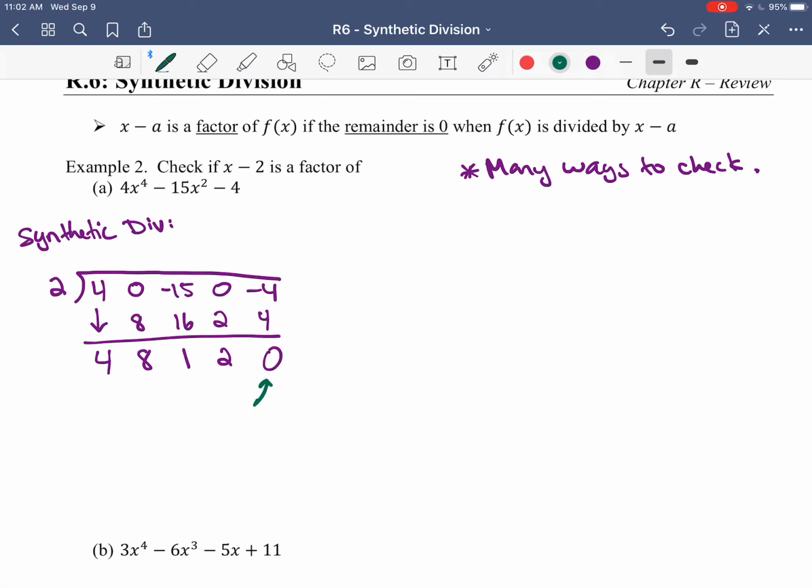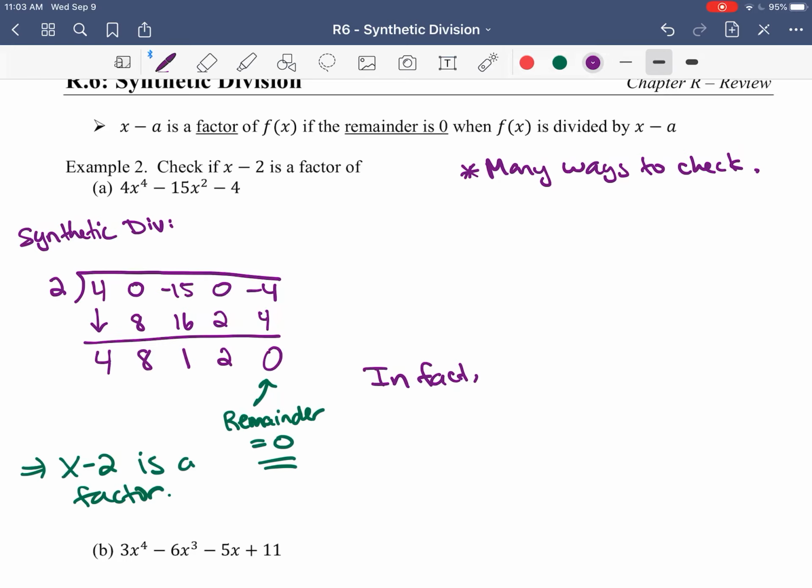So here, the last number is the remainder. This tells me the remainder is 0. That means I know x minus 2 is a factor. And in fact, we know that 4x to the 4 minus 15x squared minus 4 is going to be the divisor times the quotient.